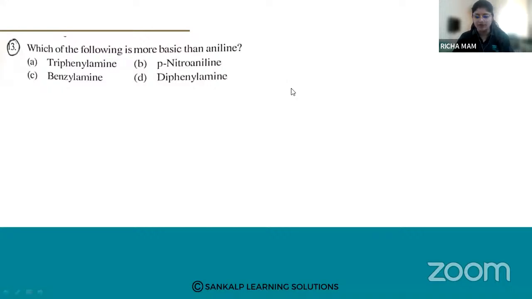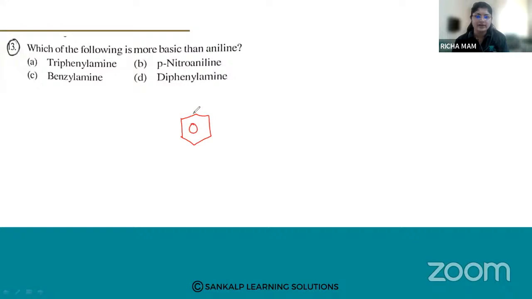So which of the following is more basic than aniline? Fine. So let me see what is the answer. Okay, so most of you have answered it as C. So here, triphenylamine and you have aniline. Which is more basic than aniline?